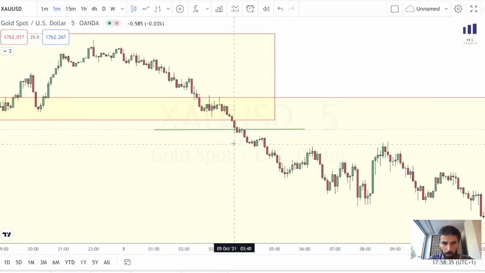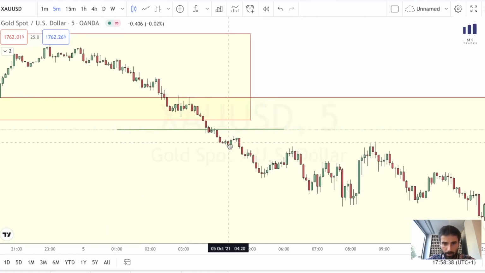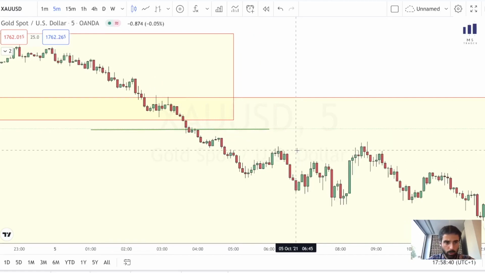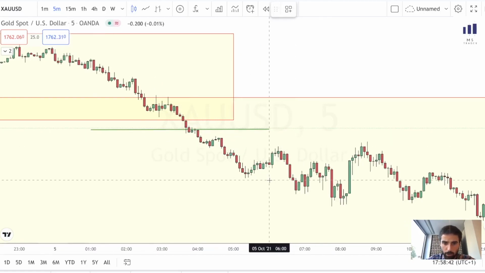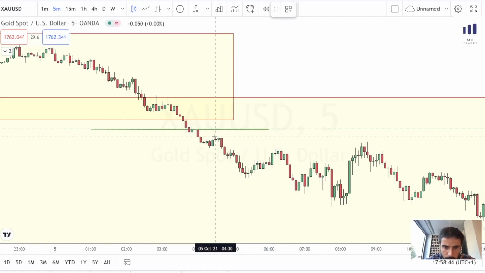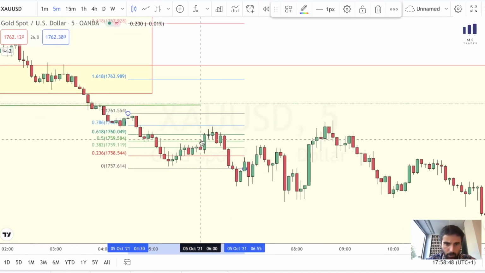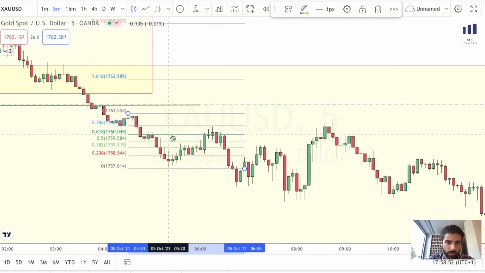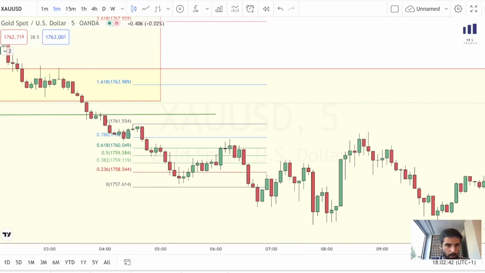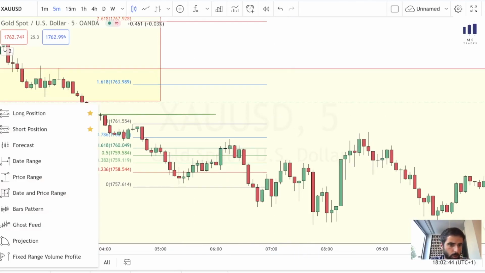So we broke around here, we made a really small pullback, and here it was a bigger pullback. How do you know that this was a really nice pullback? Because you can use a Fibonacci and wait for the market to go to the golden box between the 0.5 and the 0.6. In here you can have a really good risk reward.